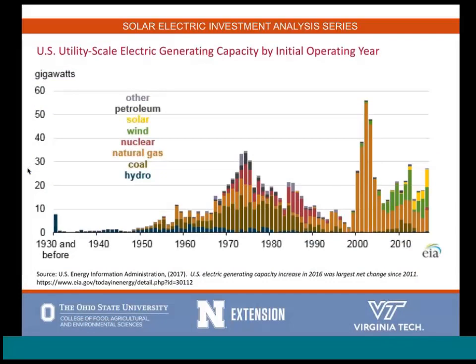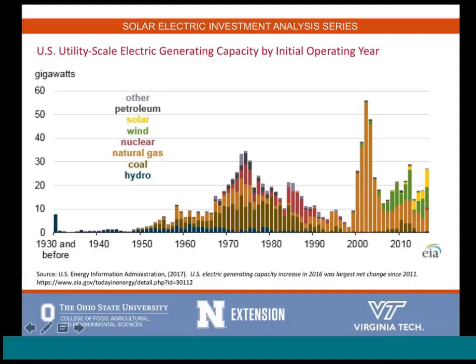This first slide shows, through color code, the U.S. electric generation capacity additions by year. You can see a couple of trends popping out. Through the 60s, 70s, and 80s, we see the coal additions.